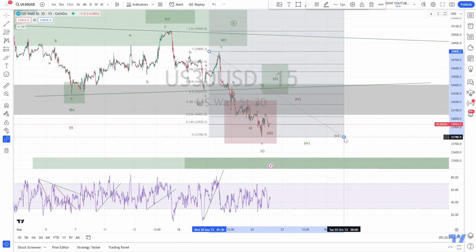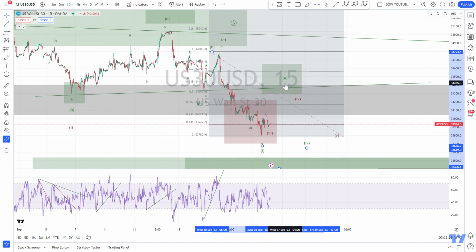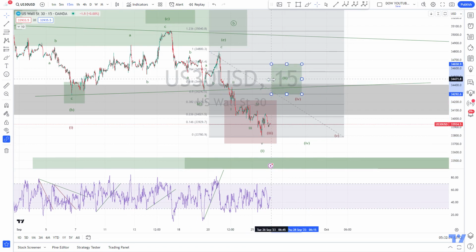Let's have a look here. This becomes our target area of the wave 2. If we take the length of our wave 1, then the area between the 0.5 and the 0.854 Fib retracement is the area where we should go as a wave 2.